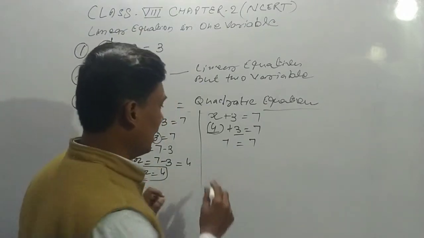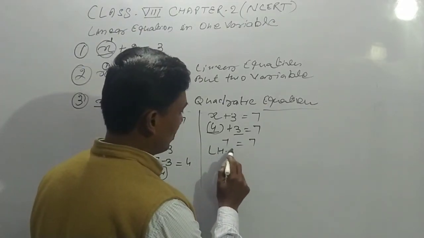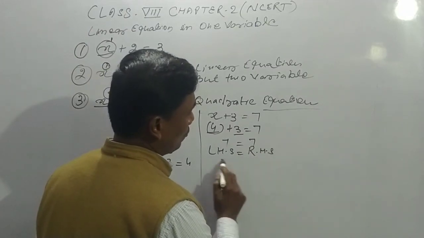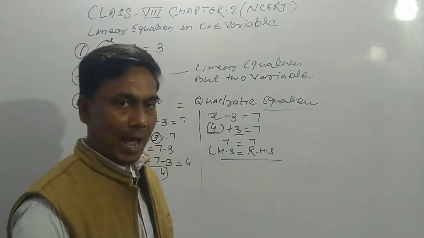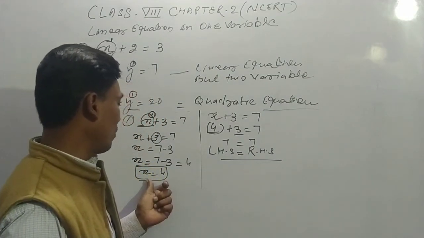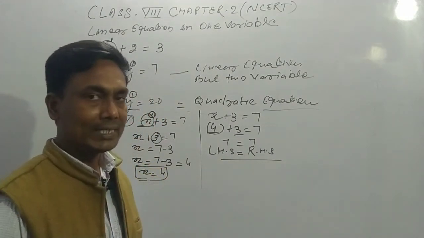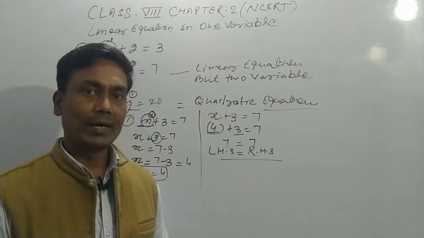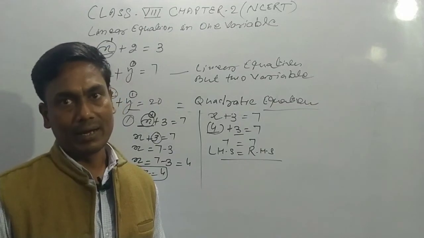Then we see that LHS is equal to RHS. So we are happy and we can easily say that our found value of variable x is equal to 4 is right.